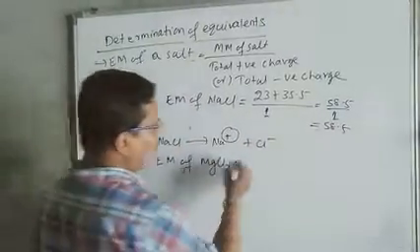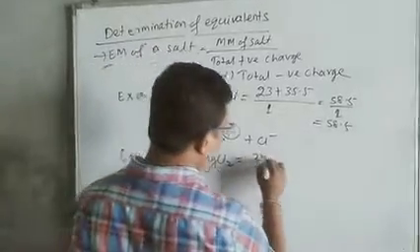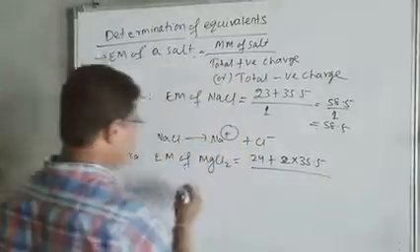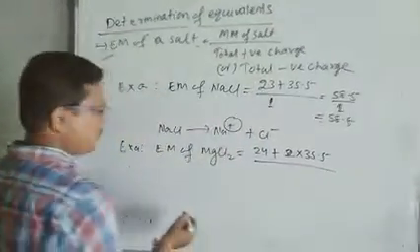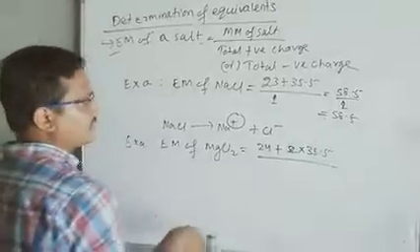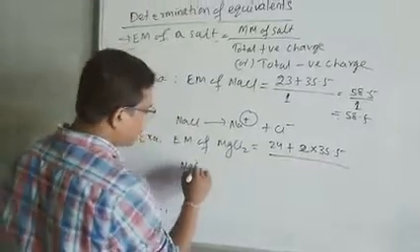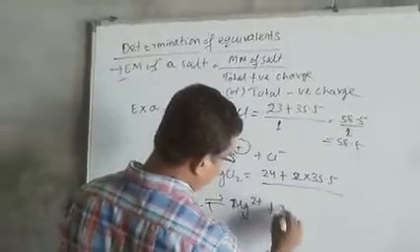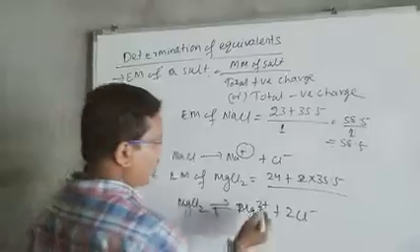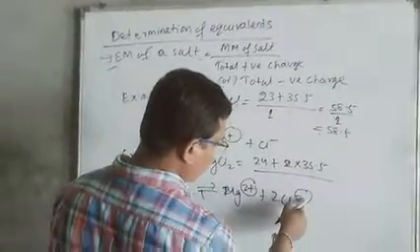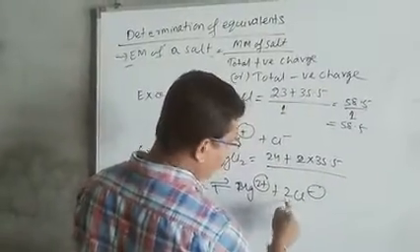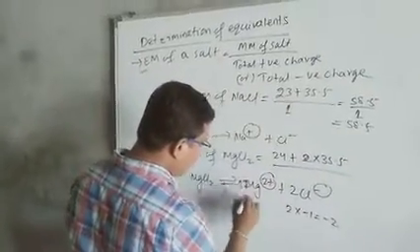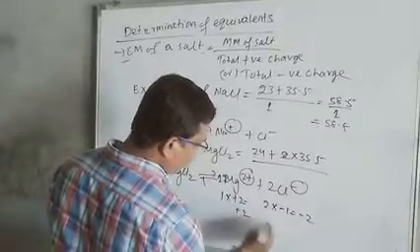Now find the equivalent mass of MgCl2. Molecular mass of MgCl2: magnesium has atomic mass 24, so 24 plus 2 into 35.5, divided by total positive charge or negative charge. We know that in a salt the total positive charge equals the total negative charge. MgCl2 dissociates to give Mg2 plus and 2Cl minus. Here the coefficient of Cl minus is 2, so 2 into minus 1 is minus 2, and 1 into plus 2 is plus 2.